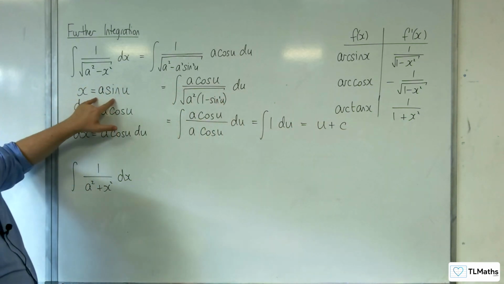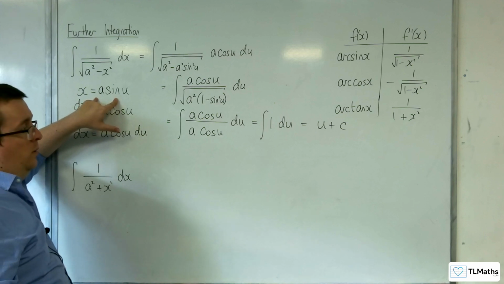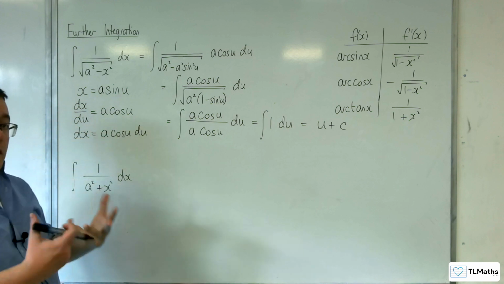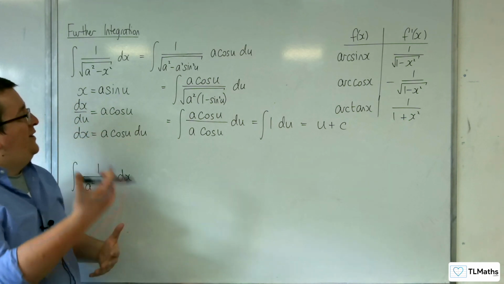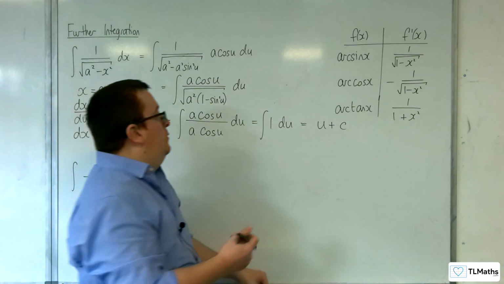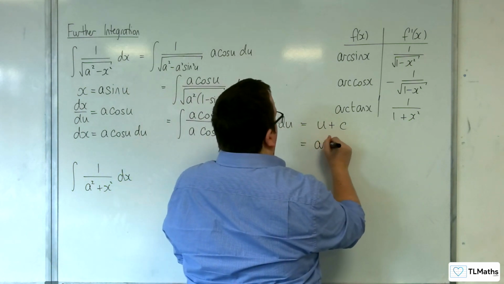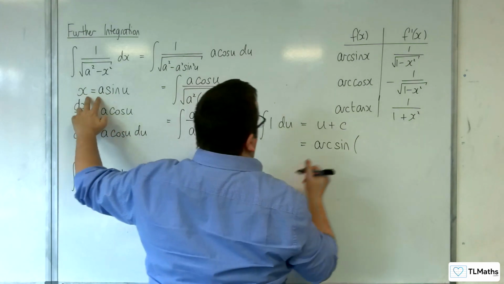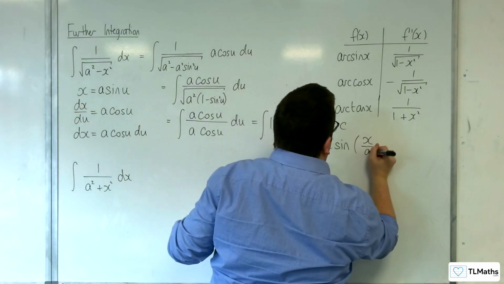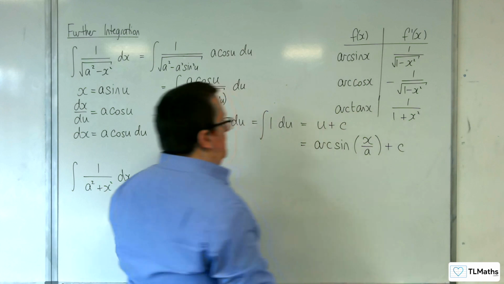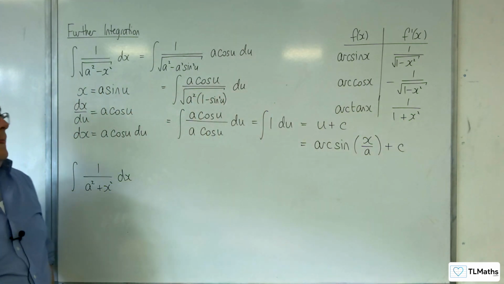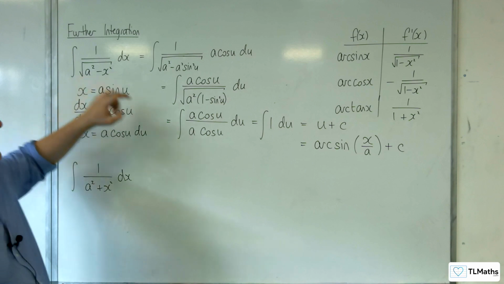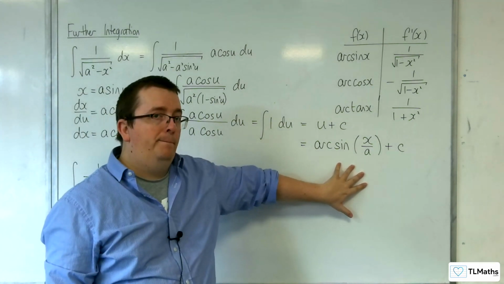And if x is equal to a sine of u, then u must be equal to, dividing both sides by a first, 1 over a times x. And so this is equal to arc sine of x over a plus c. So I now know that this integrates to this.